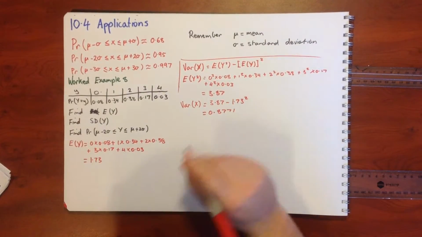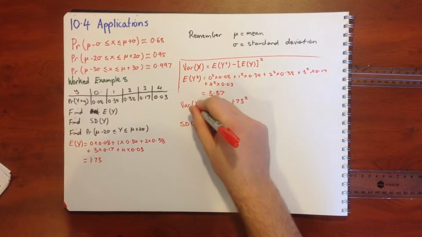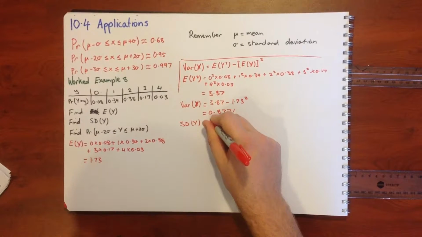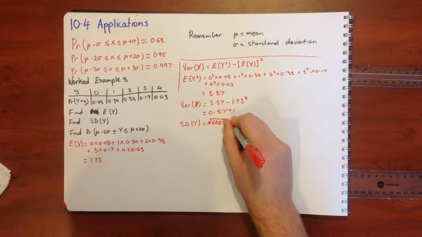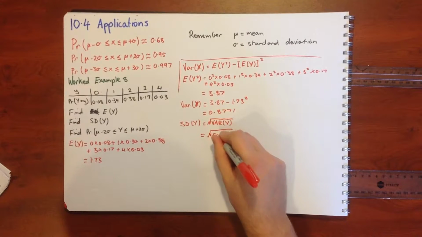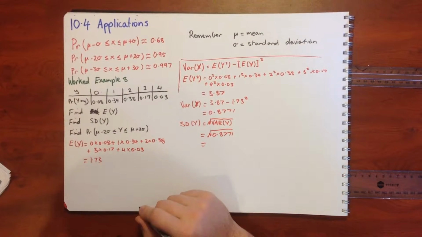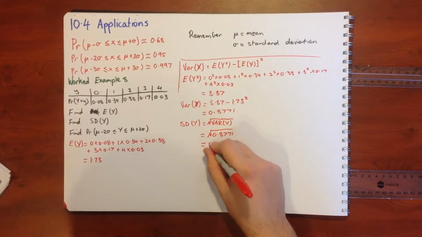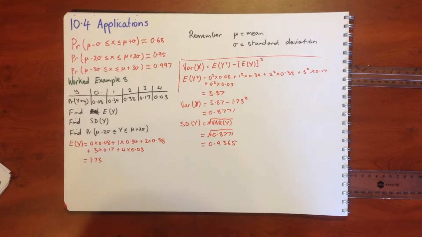Now that we've got our variance, we can find our standard deviation, because remember, our standard deviation is equal to the square root of our variance. So our standard deviation is the square root of 0.8771, which gives a standard deviation of 0.9365. That's part B taken care of.